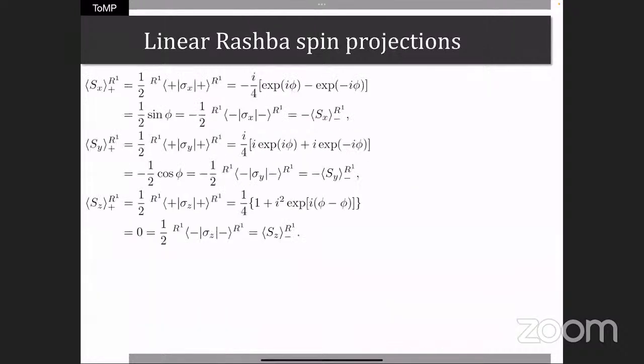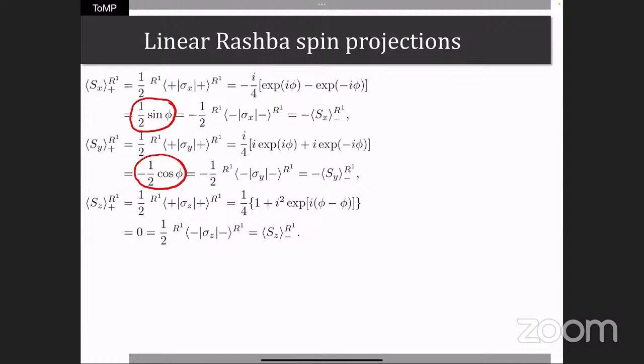Okay. Now, if we want to find the spin projections, there comes something interesting. The Sx, its expectation value turns out to be half sine phi, where phi is the polar angle in the 2D K space. Sy is minus half cos phi. By the way, we are talking about 2D K space because we are assuming the electric field along the Kz direction, the Z direction.